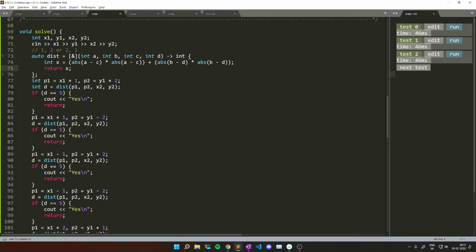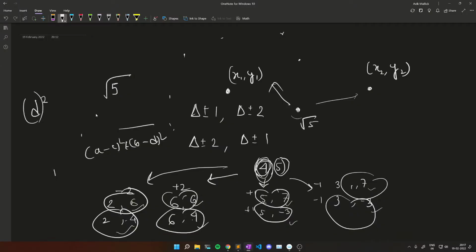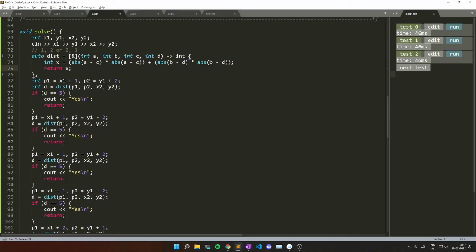Then, just like I showed here that there are these many combinations, I explored all the combinations: x1 plus 1 with y1 plus 2, plus 1 minus 2, minus 1 plus 2, and so on. For every combination I check the distance, because I know that the point p1 p2 is exactly root 5 distance away from x1 y1.